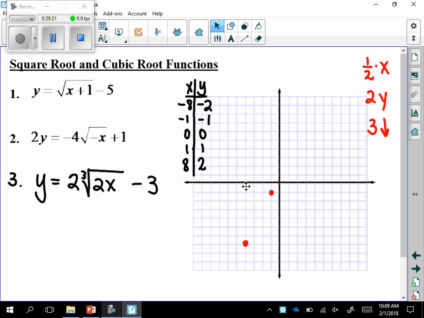Multiply the x coordinate by 1/2, I'm going to get -1/2. Multiply the y coordinate by 2, I'm going to get -2. And then move it down 3. 0, 0. I don't need to multiply either the x or the y coordinate by anything because it's 0. So I'll just move it down 3.